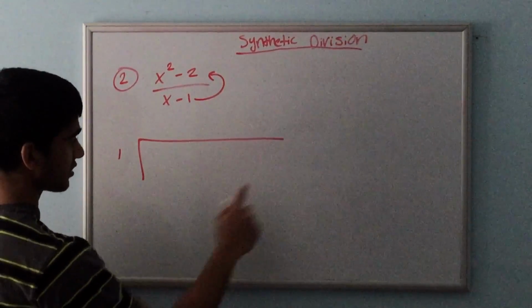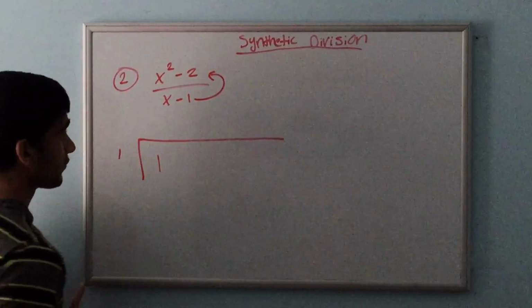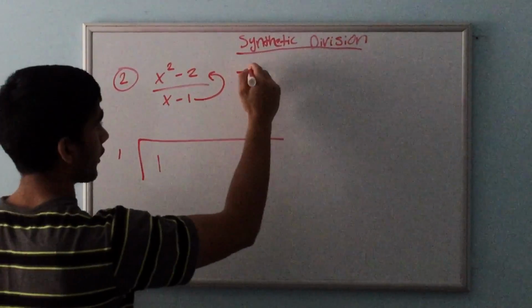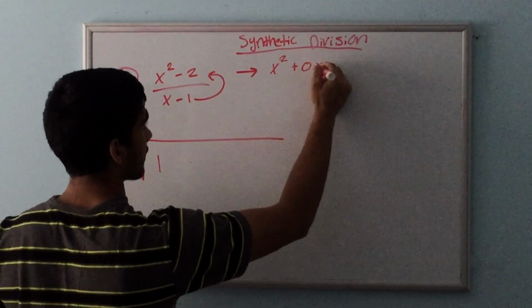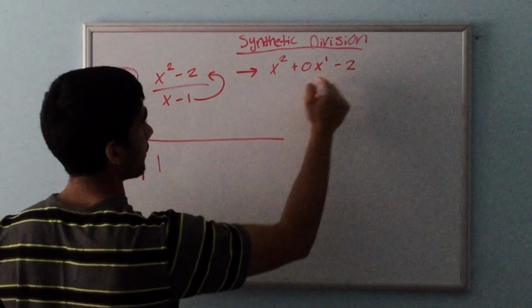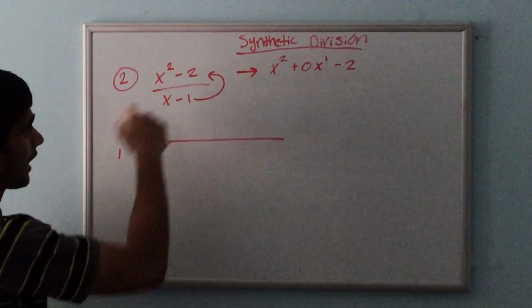Remember, these are the coefficients. So take the coefficient of the x squared, which is 1. Now, we can rewrite this numerator as x squared plus 0 x to the first minus 2, right? Because x to the first is x, 0 times that is 0, and we don't have an x term.